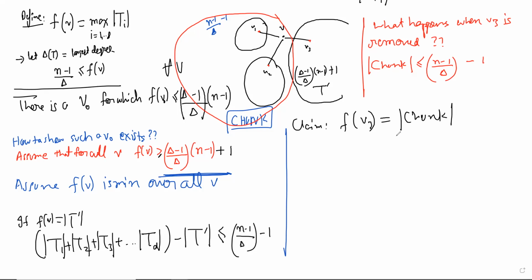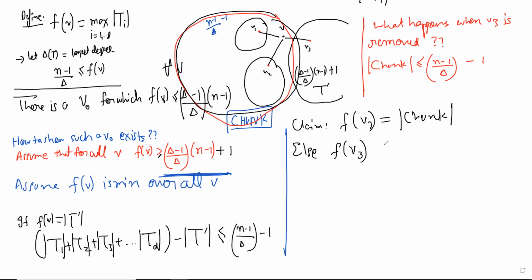See, if f of v3 is not this chunk, if this is not the biggest component, then the biggest component lies somewhere in here, and then its size will automatically be less than this.